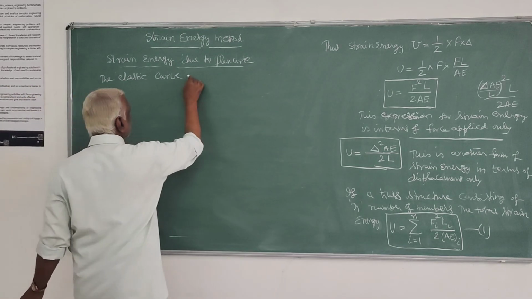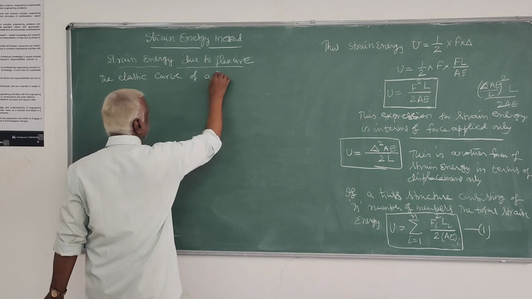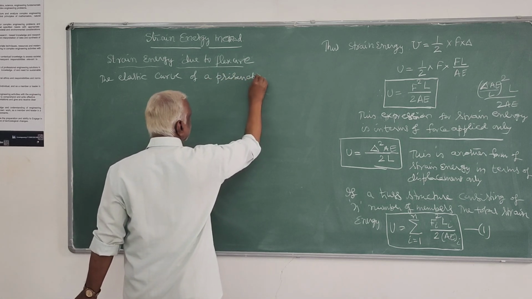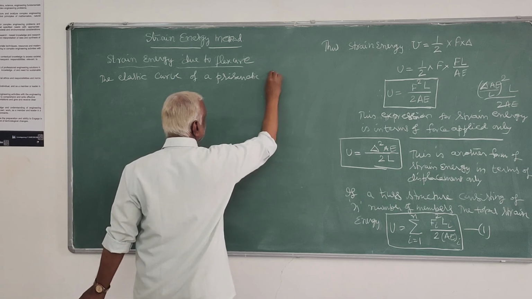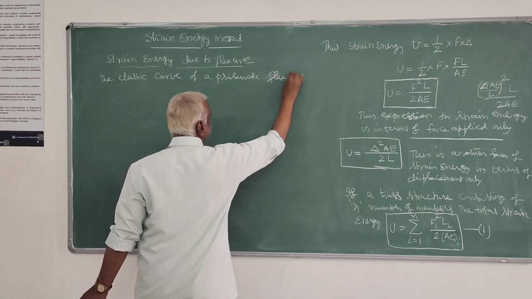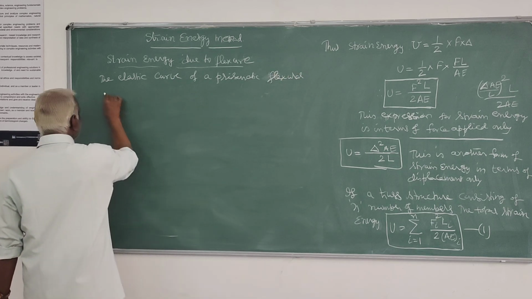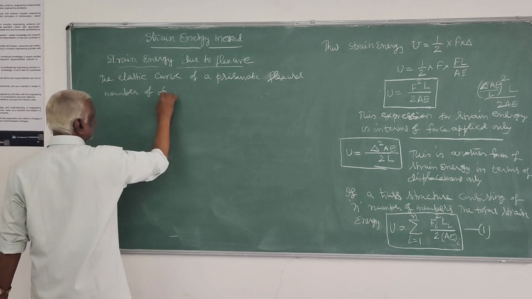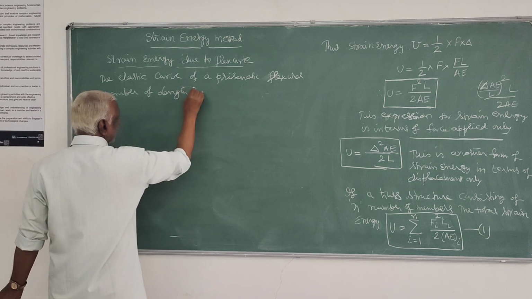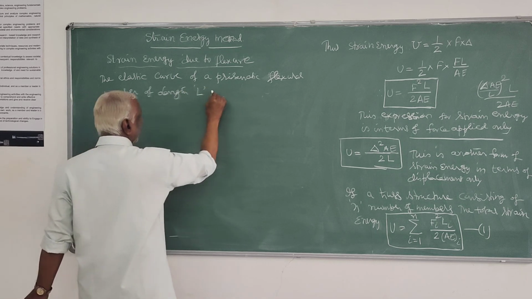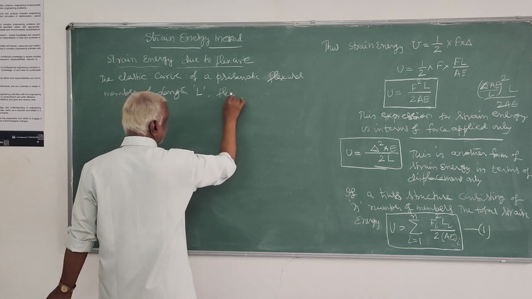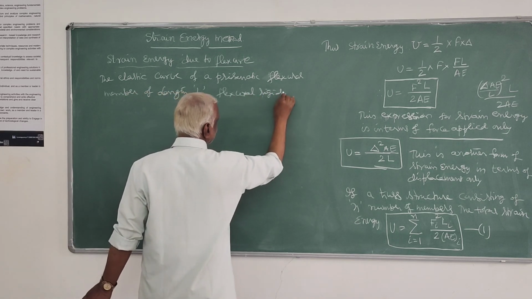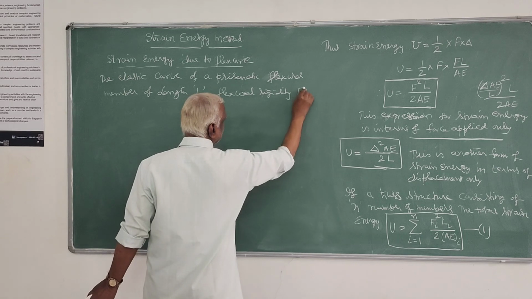The elastic curve of a prismatic flexural member of length L and flexural rigidity EI.